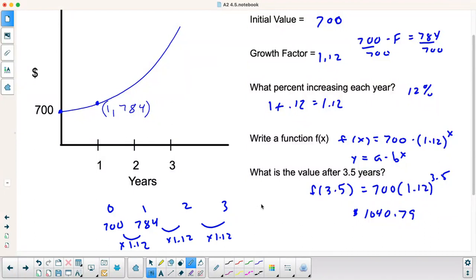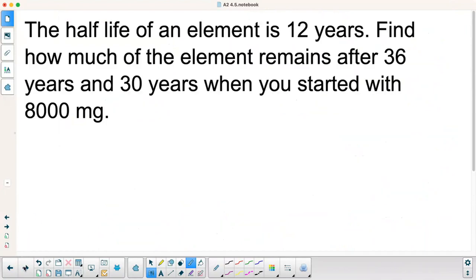So to get to 3.5, it's like I'm timesing it on this interval, since it's only half an interval, 1.12 to the 1/2. So then you can add all your powers when you're multiplying. So we would get 1.12 to the 3.5. That's how we get that value there. If you wanted to do it a long way, like it was a geometric sequence.